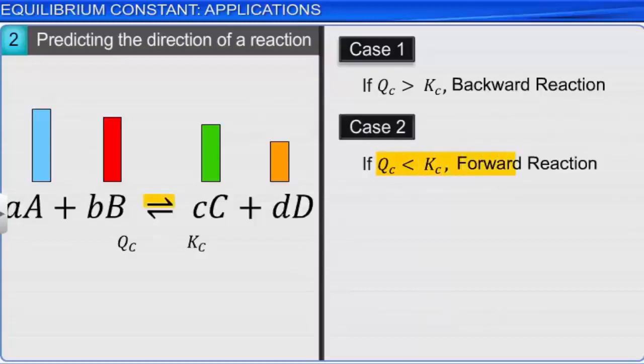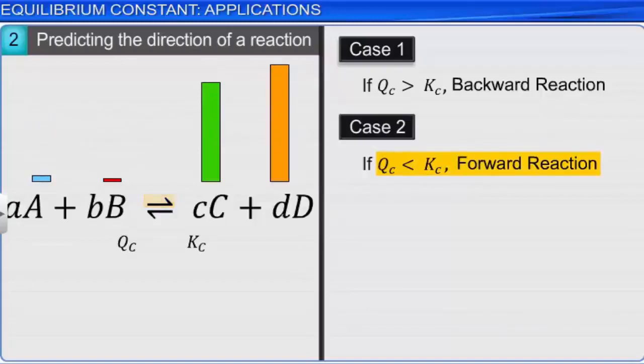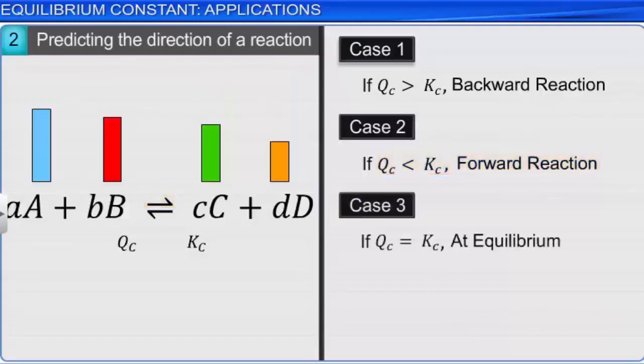That is, the reaction proceeds in the direction of the products. If QC is equal to Kc, then it indicates that the reaction mixture is at equilibrium. Thus, we can predict the direction of a reaction with the help of its reaction quotient and equilibrium constant.